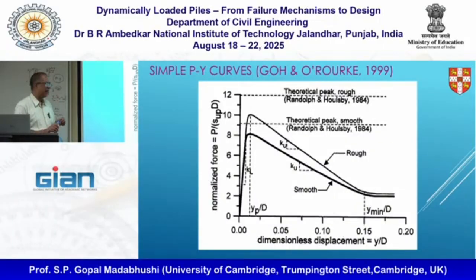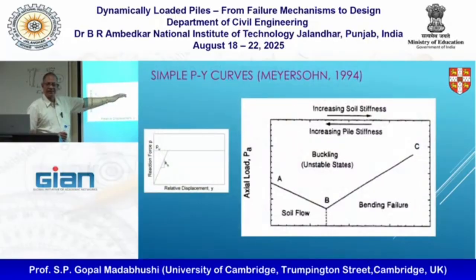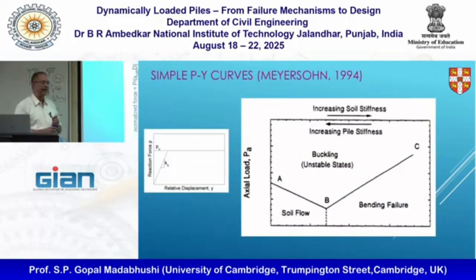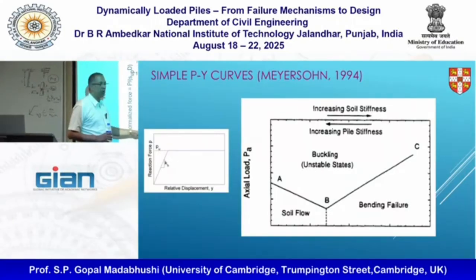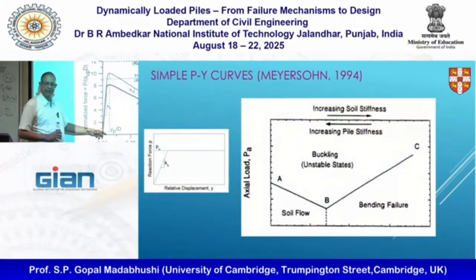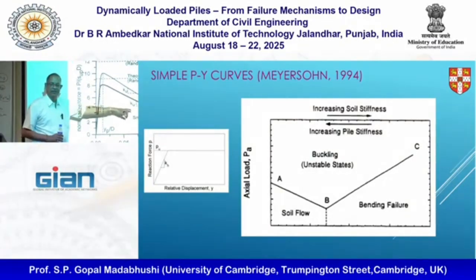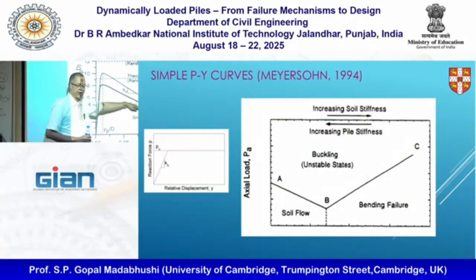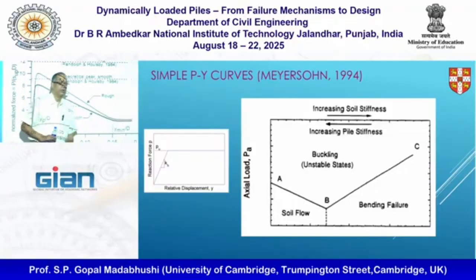This is kind of better than this because this is assuming that I'll reach some PU and stay constant, right? What this is telling us is, yes, I'll reach some peak value at fairly small displacements, right? Then it will soften. So this is a negative slope, right? And you will reach some residual value.